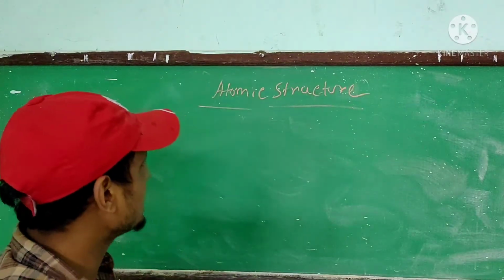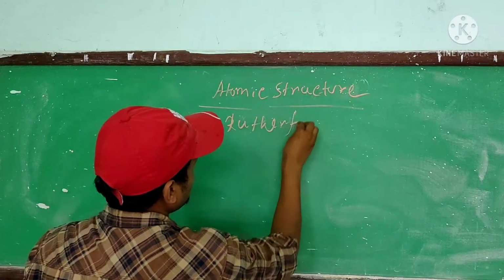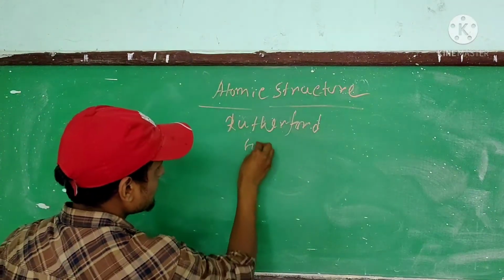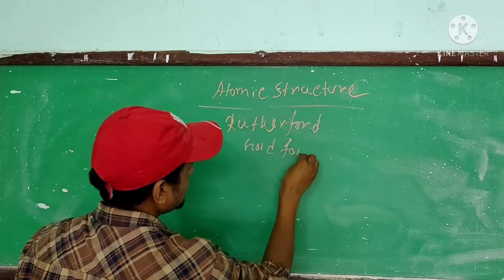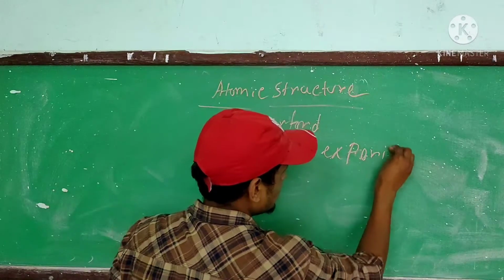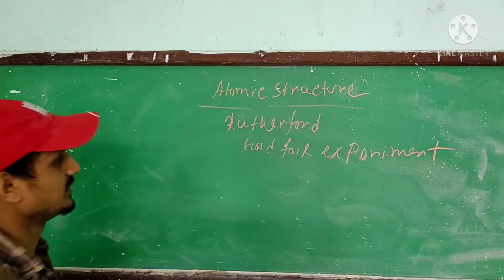But after that, Rutherford, from his famous gold foil experiment, which I will tell you in a separate video, but today I will tell you what will be the structure of an atom.